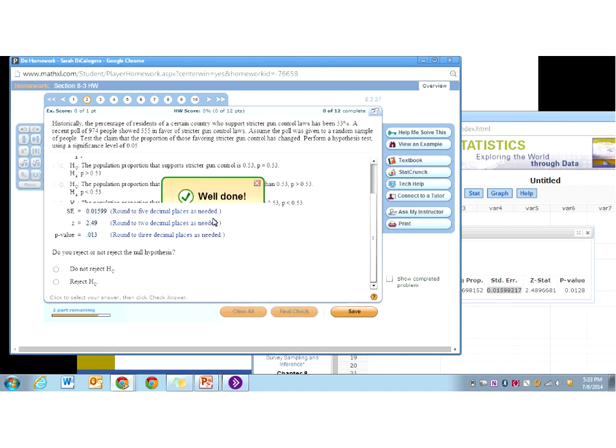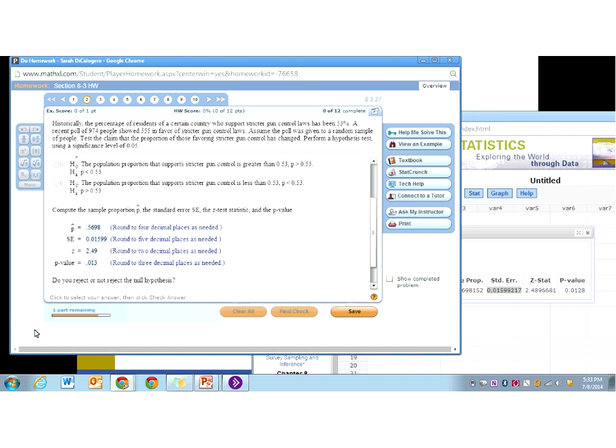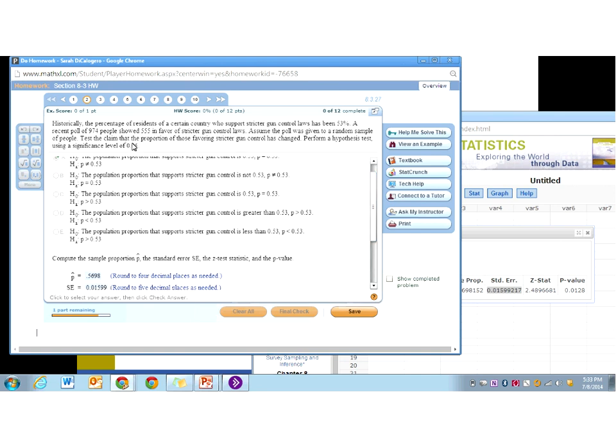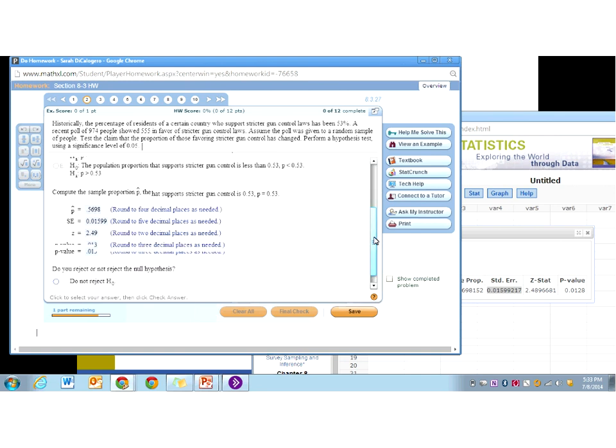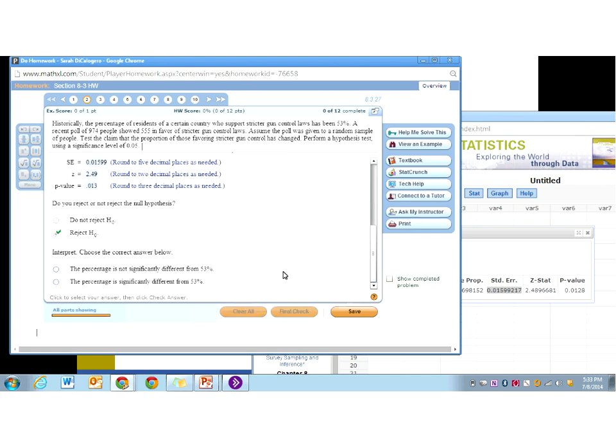Fingers crossed. Good job. All right, so do we reject or not reject the null hypothesis? Well, if our p-value of 0.013 is less than our alpha, which was 0.05, we reject the null. So what's the correct answer?